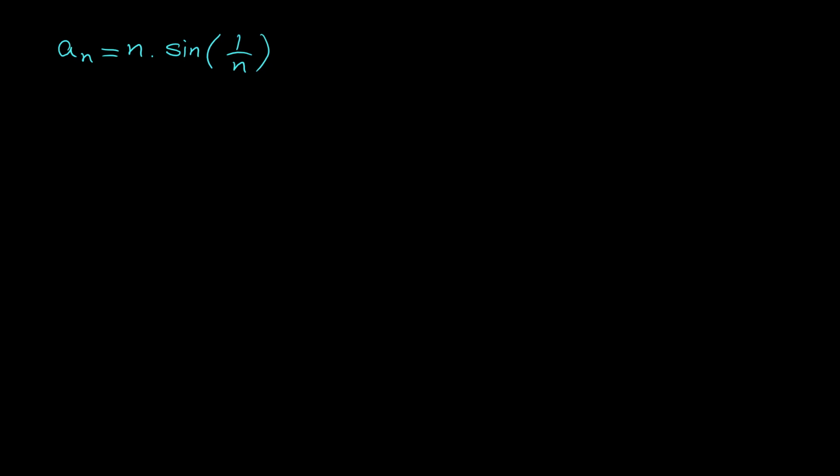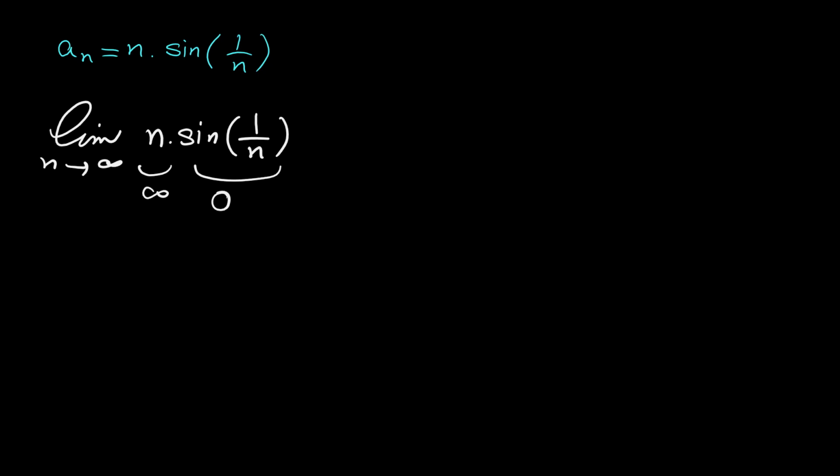Now look at this example. This example is very important in the limit of sequences. The sequence is n times sine of 1 over n. Note that if we want to find limit of n approaches infinity of n times sine of 1 over n, this limit is in the form of infinity times 0.